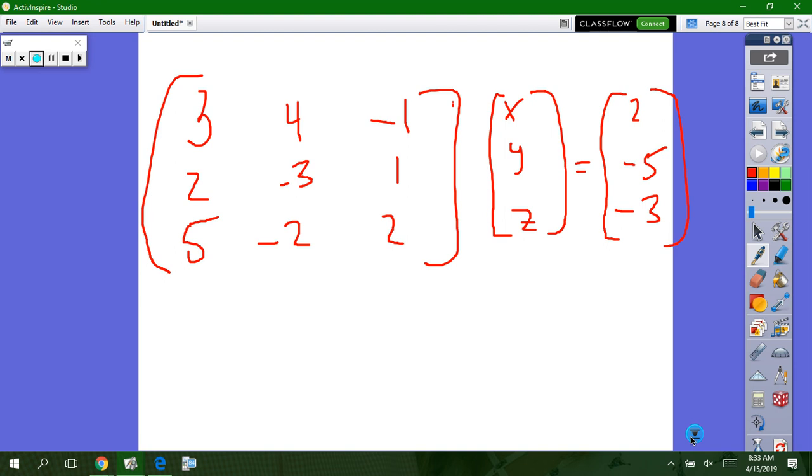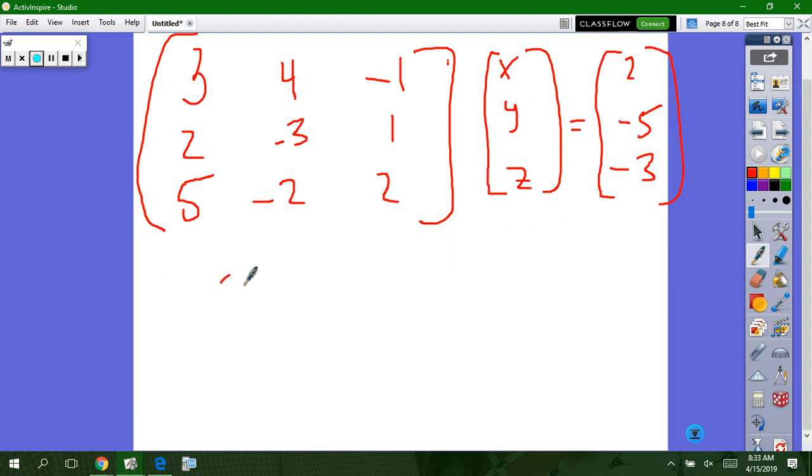Okay. So once again, we're going to go ahead and find matrix A's inverse. Okay? Matrix A's inverse. Whew. Here we go.